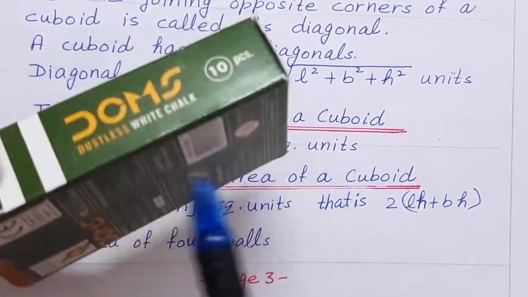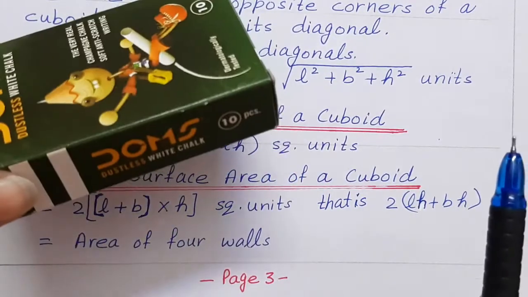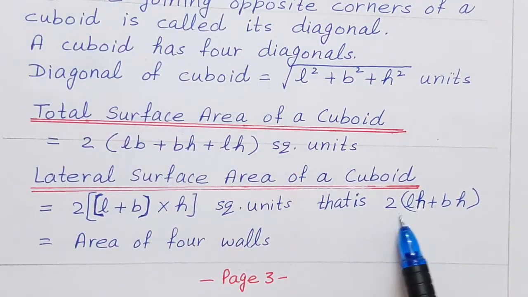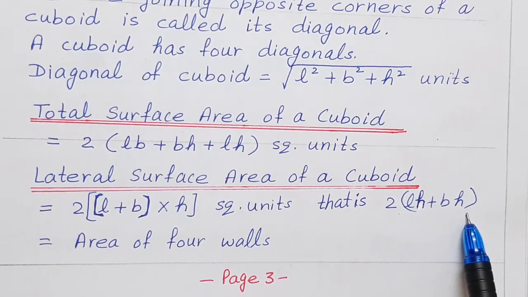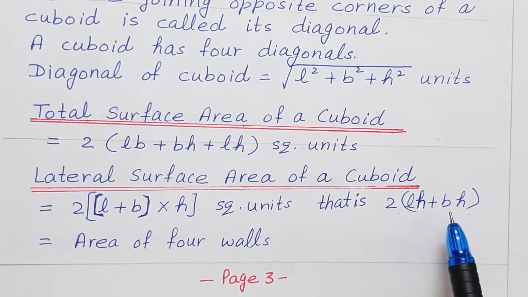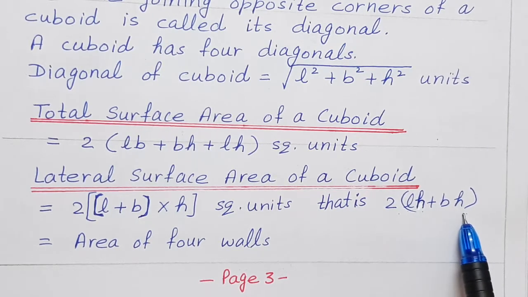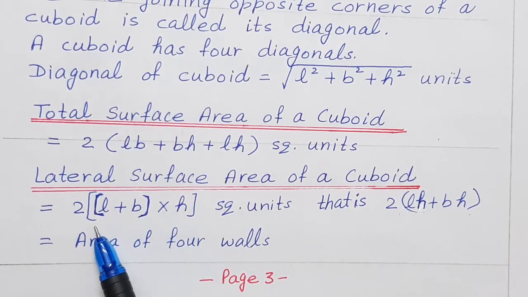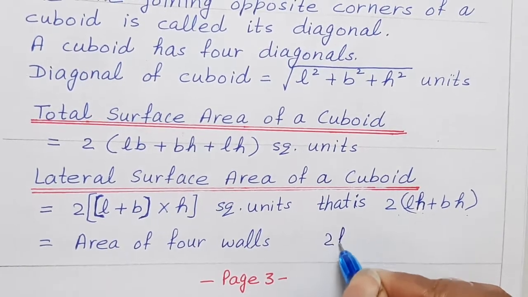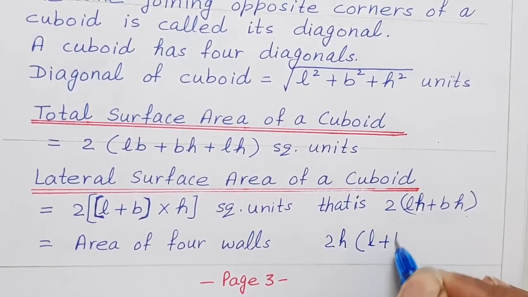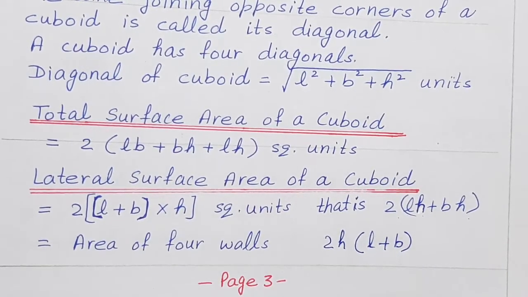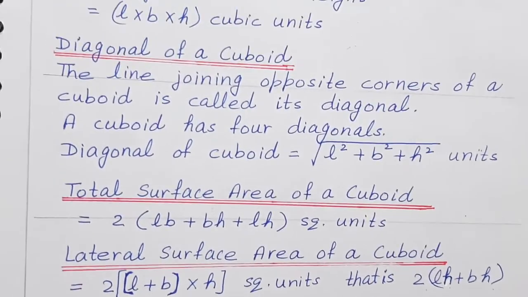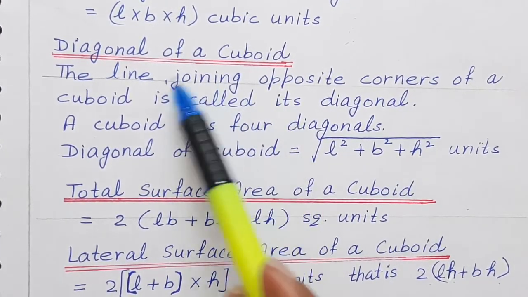So LB and LB are excluded. So we are left with 2 times LH plus BH, that is length into height plus breadth into height, where we can take the height common. So the formula is 2 times L plus B into height, or you can write it as 2H(L plus B). Clear?